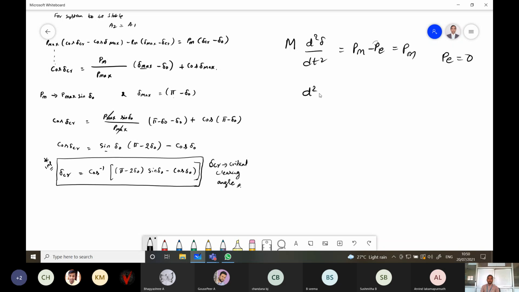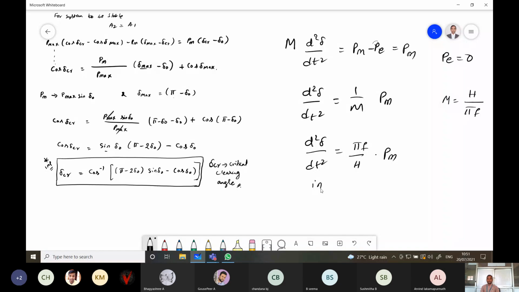So d square delta by dt square is equal to 1 over M into Pm. I'll write Pm only. What is M? M is equal to H by pi f. So 1 over M becomes pi f by H into Pm.